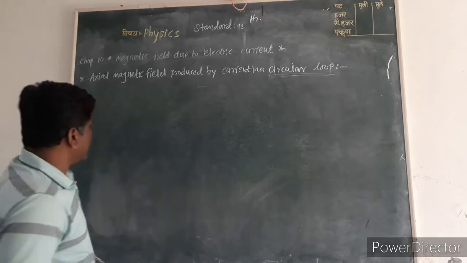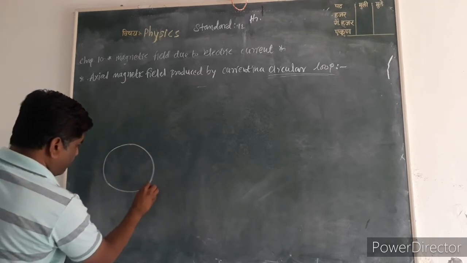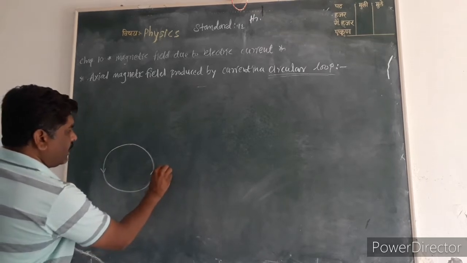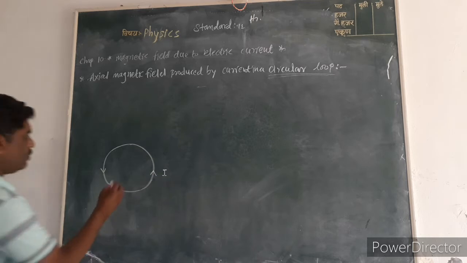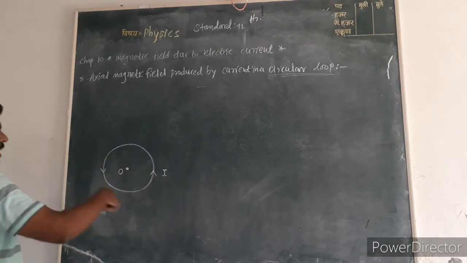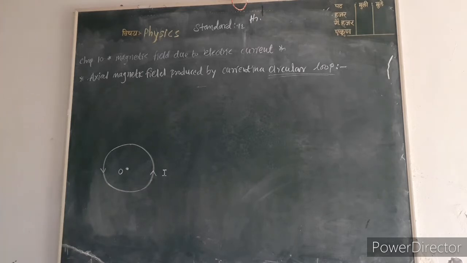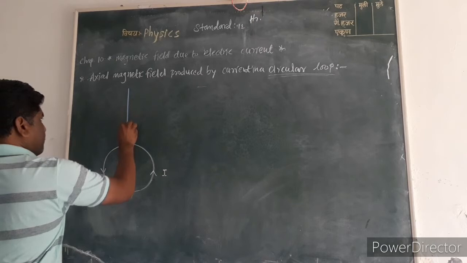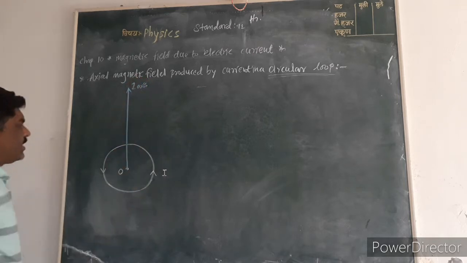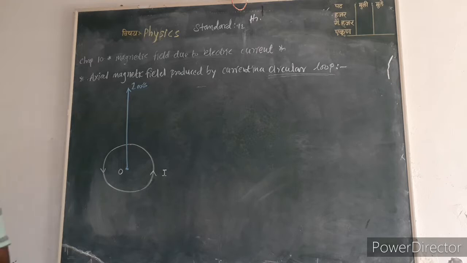Now we consider a circular loop carrying a steady current I, whose center is O. Also, we consider the z-axis perpendicular to this circular loop.